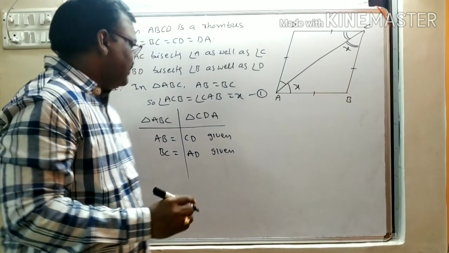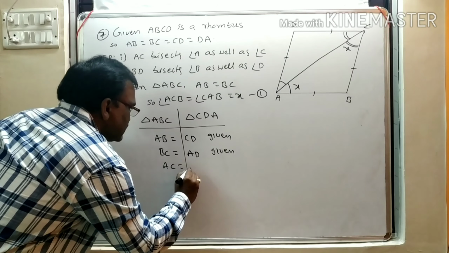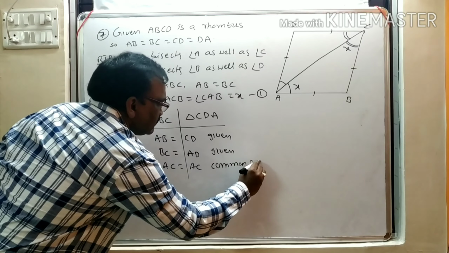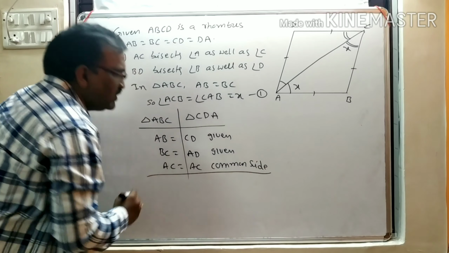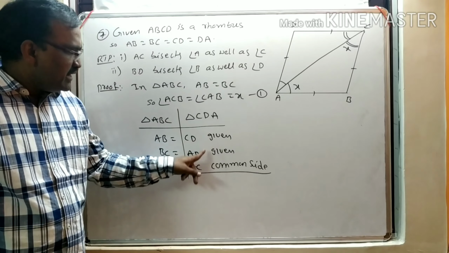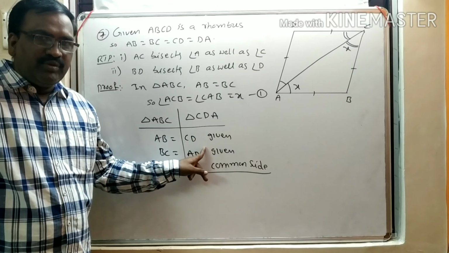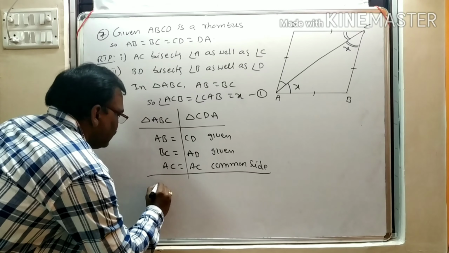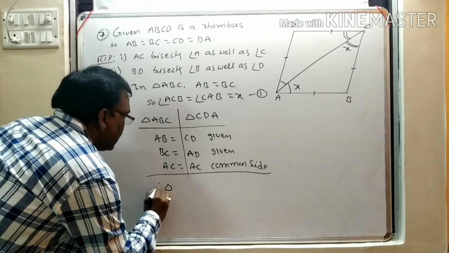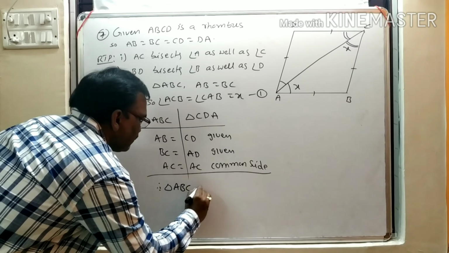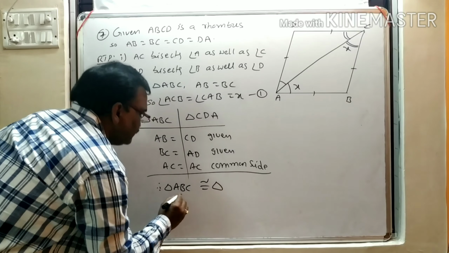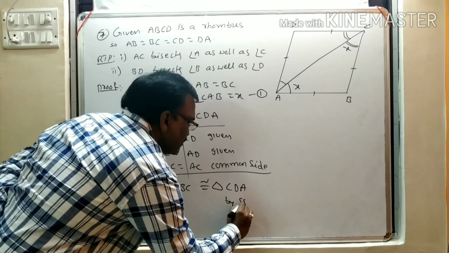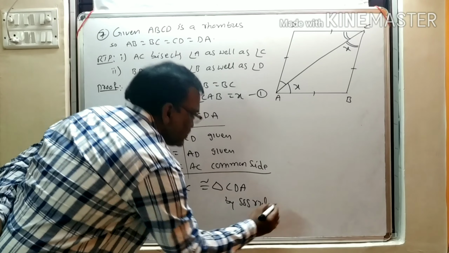This is a common side, AC is equal to AC. This is side, this is side, this is side. By SSS congruency rule, these two triangles are congruent. Therefore, triangle ABC is congruent to triangle CDA by SSS rule.